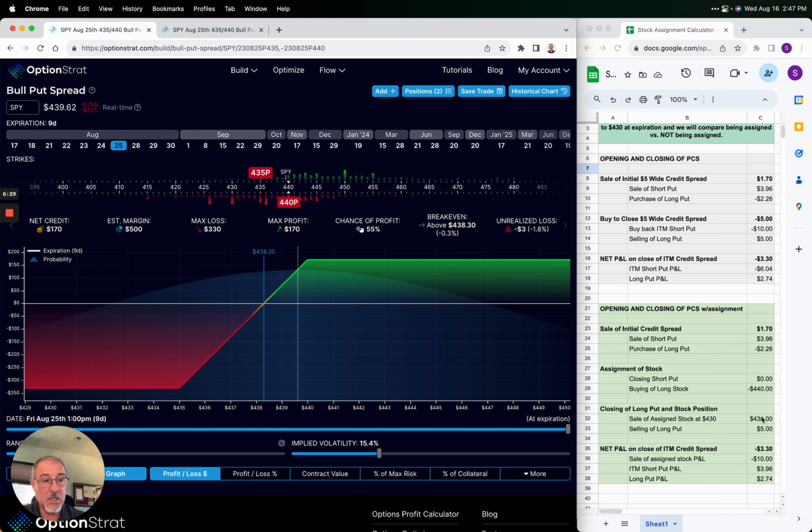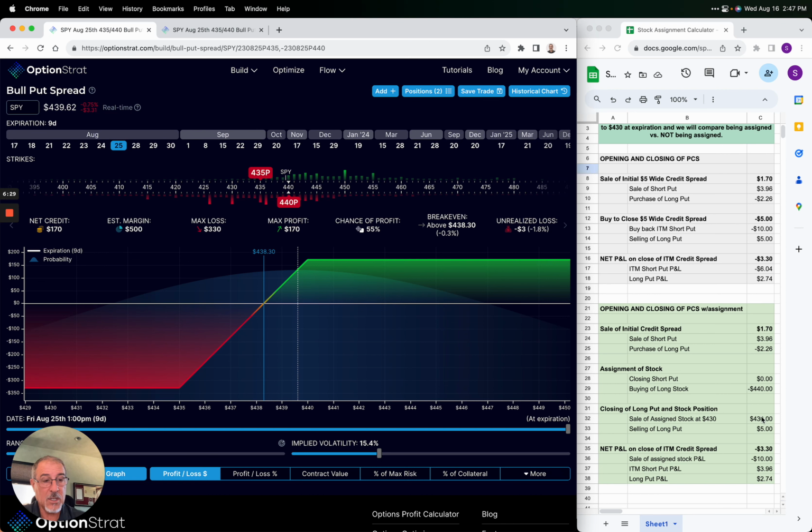That means that it was worth 0, or it automatically gets assigned a value of 0 when you get the stock assigned to you. So we got full price, full value, full profit on that. And then our long put P&L. We were able to sell that long put for $5. Again, originally we purchased it for $2.26. So that difference gives us $2.74.